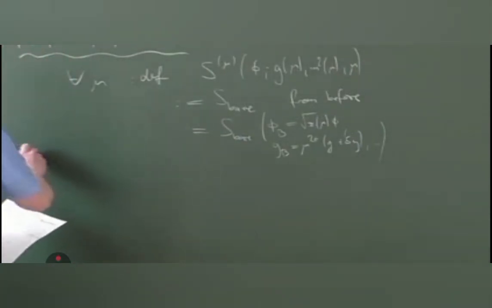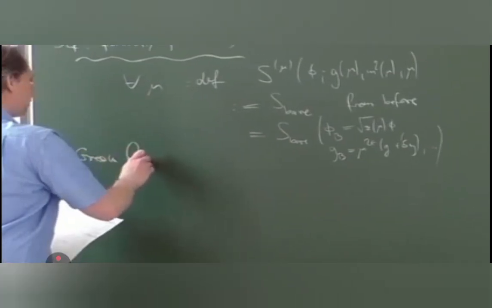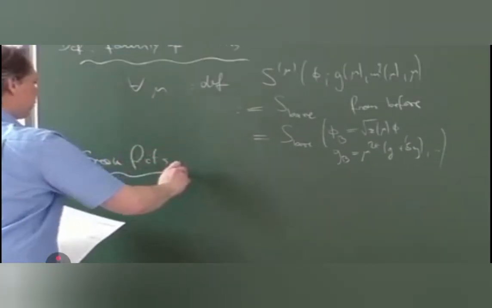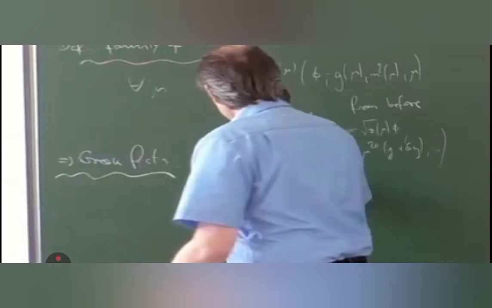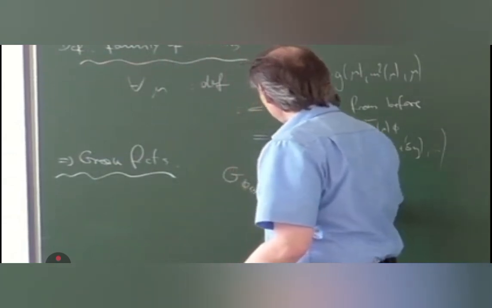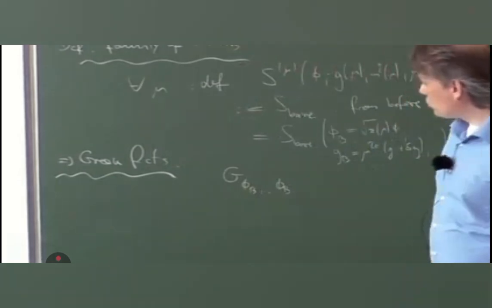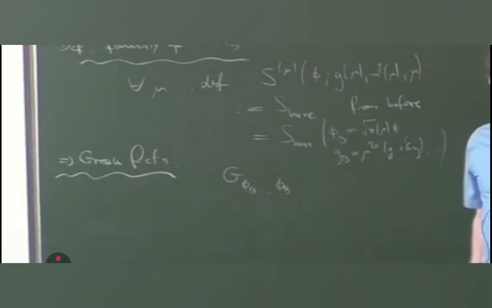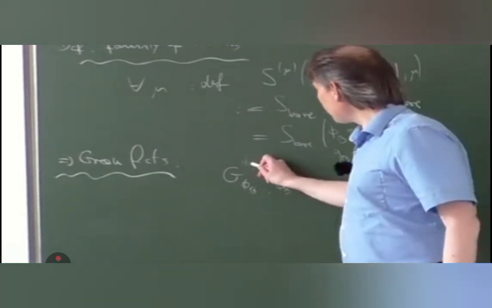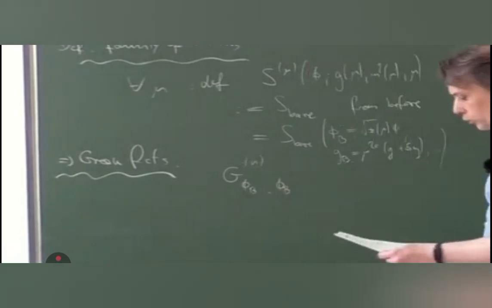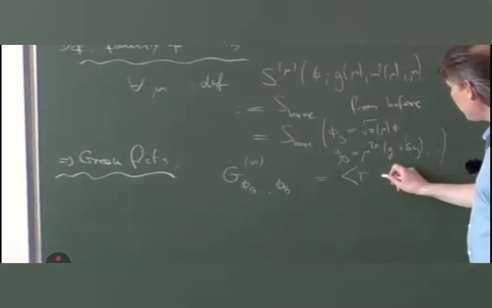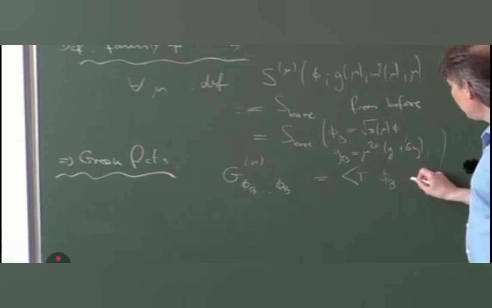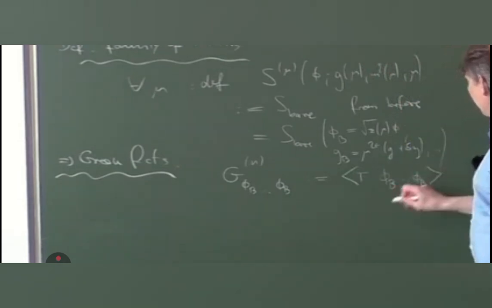Therefore, we know the following thing about green functions. First of all, there are green functions which are expectation values of these very bare fields, let's say n of those field operators, defined as the time-ordered expectation value of the bare field operators.